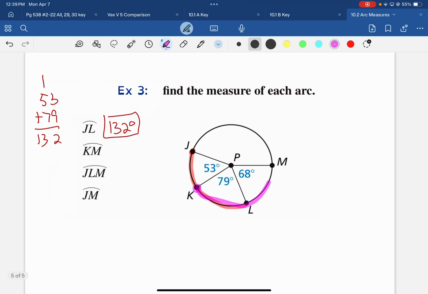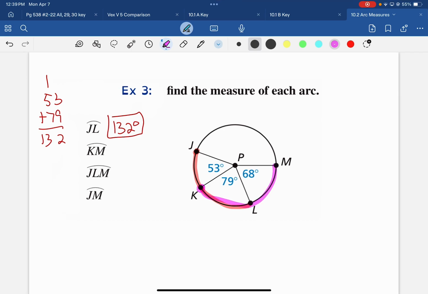Counterclockwise, yep. K to M. So we'll add those two up. I'm just going to come over here to 79 plus 68. 8 plus 9, class? Carry the 1. 6 plus 7? 13 plus 1? 14. So 147.